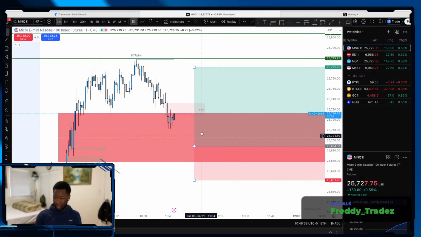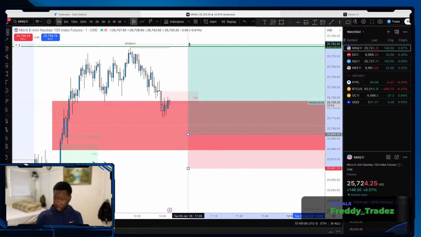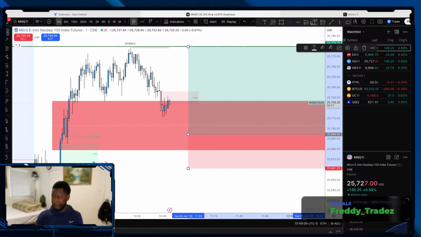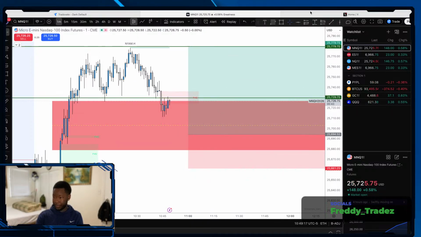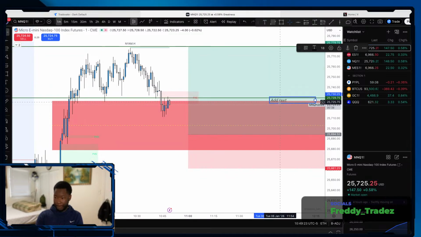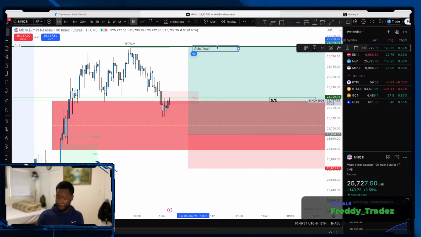So rather we come down a bit more. For this, entry would be down there. If we got entry down here, break even would be up here in this gap, and then TP would be up here.